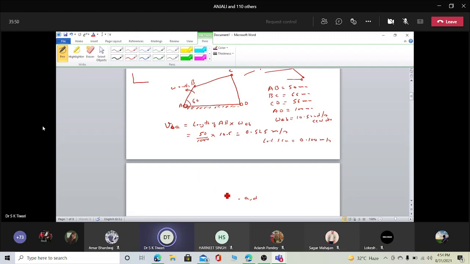I will move to this point perpendicular to the link BA through A. I will draw a vector like this, and this will be the point B, and this vector will give me the velocity of B with respect to A. Clear?